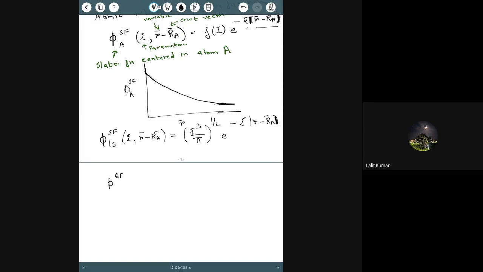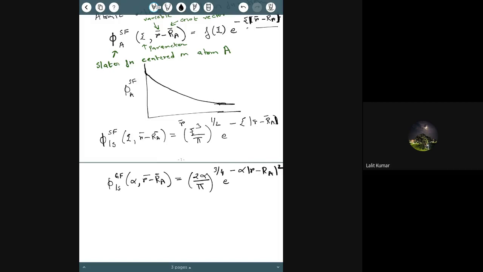There is only a slight difference, but it makes a lot of difference to our numerics. So that's why instead of Slater type functions, we use Gaussian type functions. So that is the only difference.